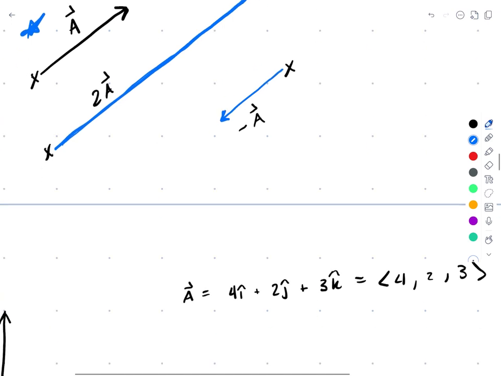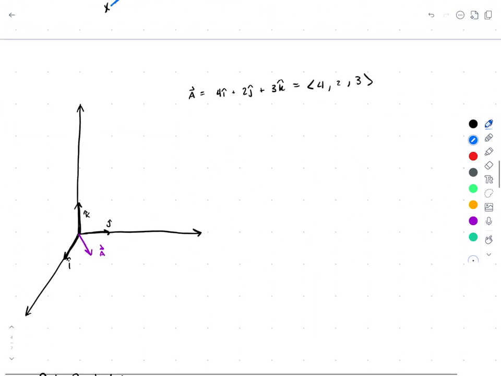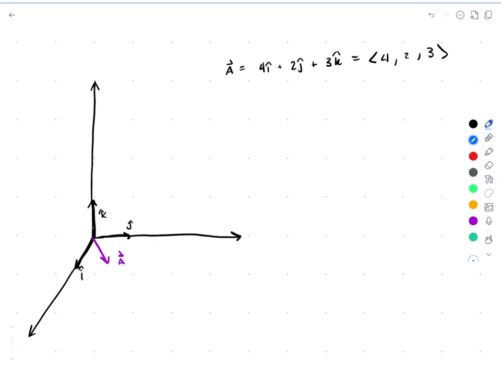Now let's take a look at that same idea I had beforehand with making parallelograms. By rearranging A and considering it in a plane, I can make a parallelogram out of my vector A, specifically a parallelogram that exists in space.